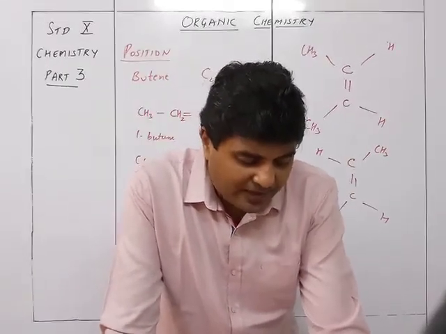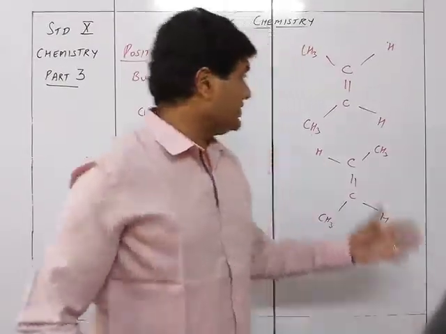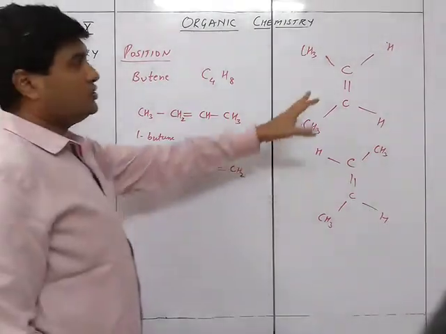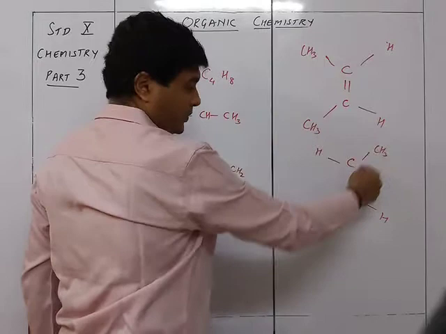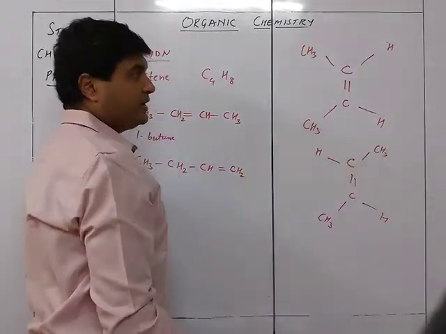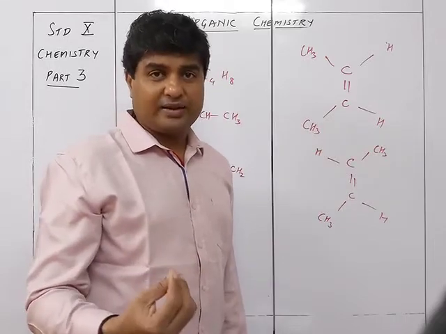So isomers of alkenes exhibit mainly position isomerism, and these are the ones in which it is not only this but also the chain. The chain over here is like this, whereas the chain over here is like this. So the chain is also in a different form. That's why it is a chain as well as a position isomer.